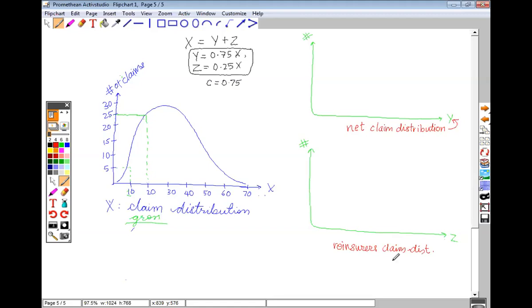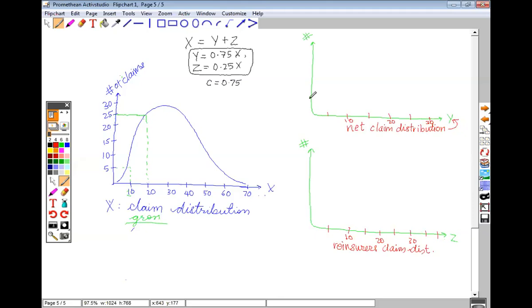I will divide it into some subcategories with some markings: 10, 20, 30 here and 10, 20, 30 here. We don't care if 2 units is 10 here and 1 unit is 10 there. Now I'll define this distribution, plot it and see how it looks.